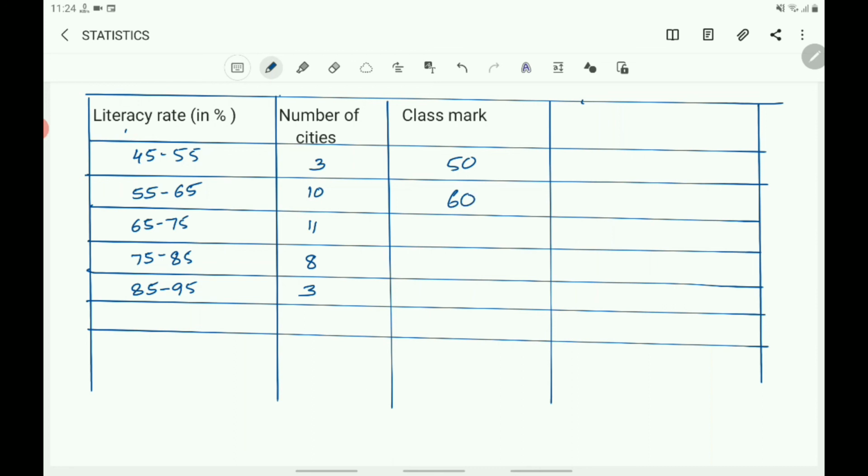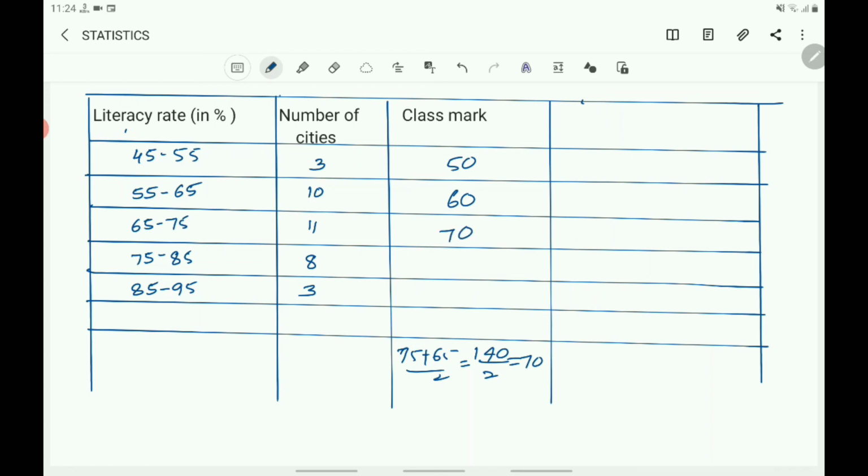Then you can add 10 to get next class mark, that is 75 plus 65 by 2, that is 140 by 2, you will get 70.